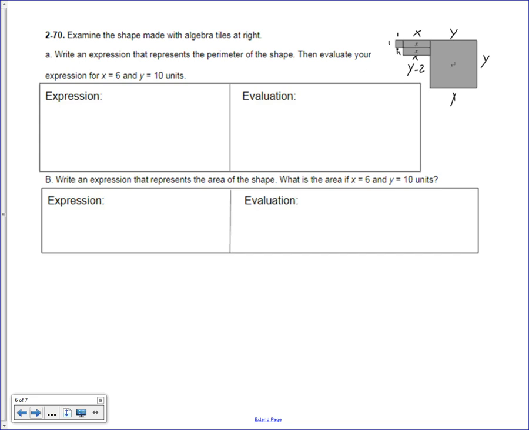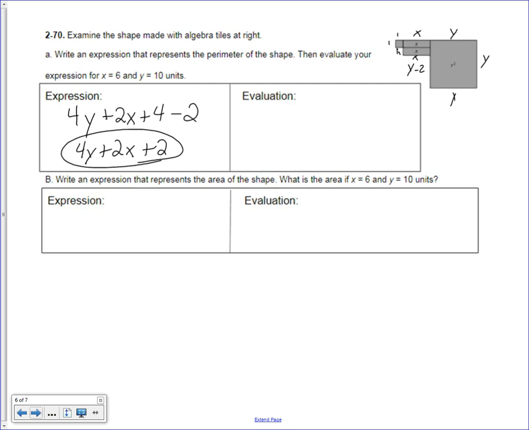So I have 4 y's. I have 2 x's. And then I have 1, 2, 3, 4 positive ones and minus 2. Then I have to simplify that. So I should get 4y plus 2x plus 2. That's my expression.